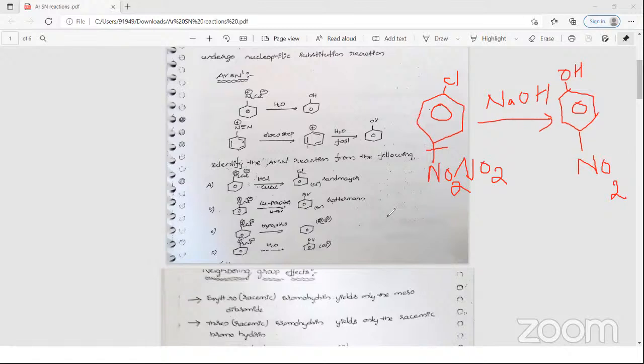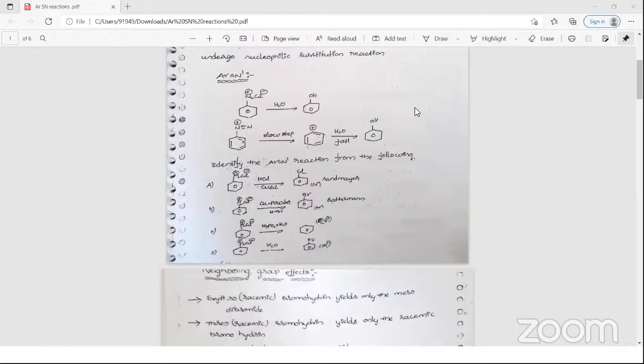The cation form should be left over easily, therefore Cl is easily removed. For removing this, electron withdrawing groups favor this Ar-SN1 reaction. That is one of the most important examples which I found in Morrison and Boyd. These are the examples of Ar-SN1 reactions.